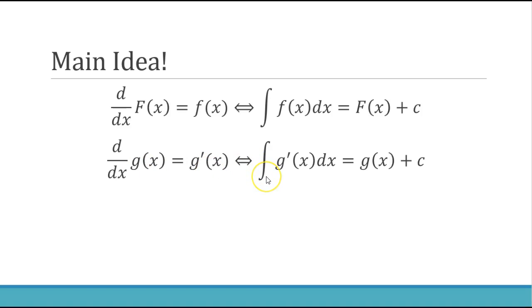That's equivalent to saying the integral of g prime of x is equal to g of x plus c. So you can sort of notice what's happening here: I'm taking the integral of a derivative and getting back to the original function g of x, of course, plus some constant c. That's the main idea behind what we're doing in these general antiderivatives or indefinite integrals.